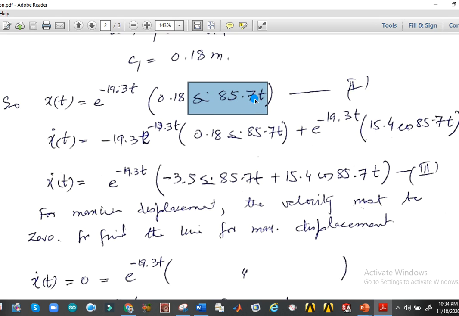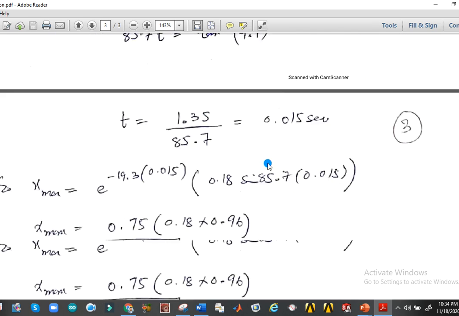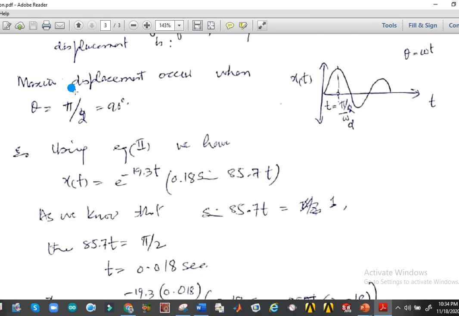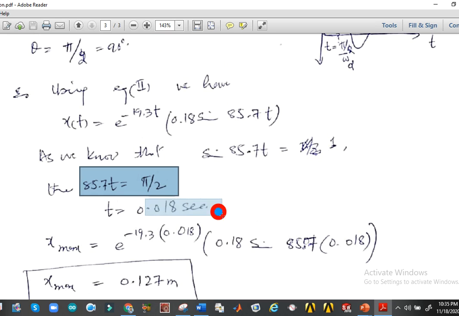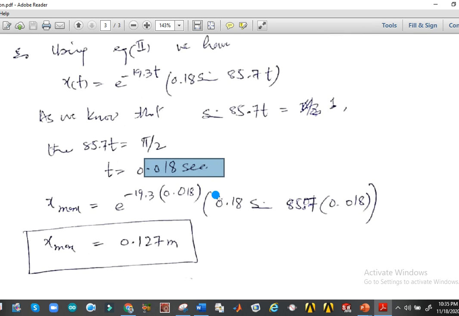Putting sine 85.7 t equal to 1, and we know that sine inverse of 1 is equal to pi by 2. Look here, pi by 2 is equal to 90 degrees, and solving it for time it will be 0.081 second, and putting the time back into the amplitude response, we have the maximum amplitude.